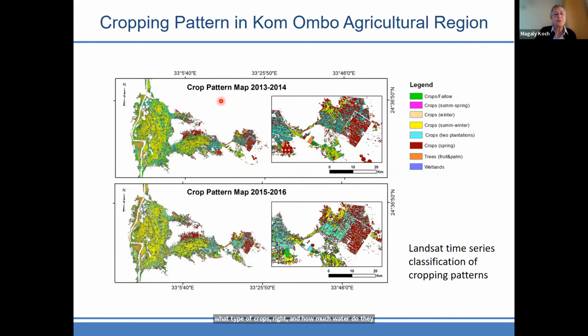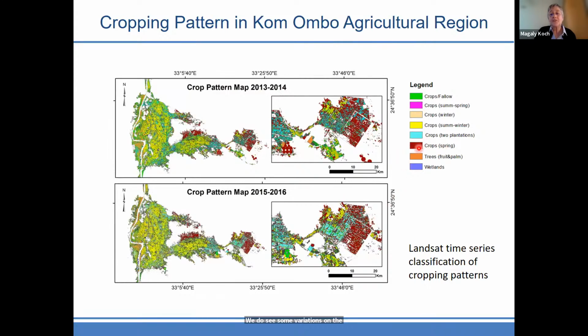So here we have a comparison between one crop pattern year from 2013 to 14, and the other one is 15 to 16. And although it looks very similar, if we zoom in a little bit, and you can see the resolution of these images, here you have the scale, right? We do see some variations.